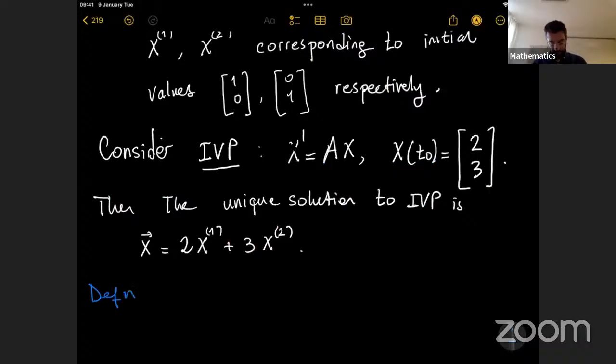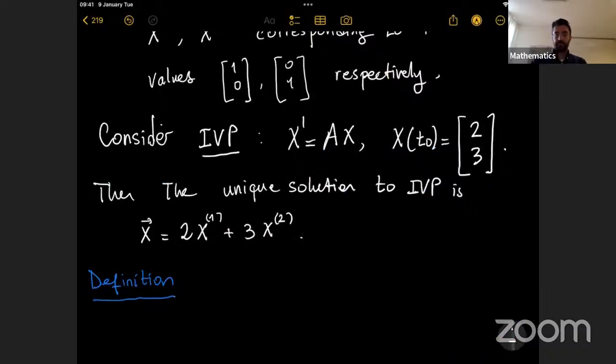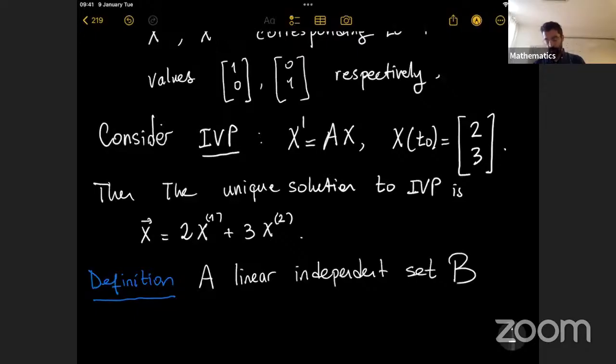This is the definition. Well, we say a linearly independent set B, where B is the name of the set, a set of solutions.